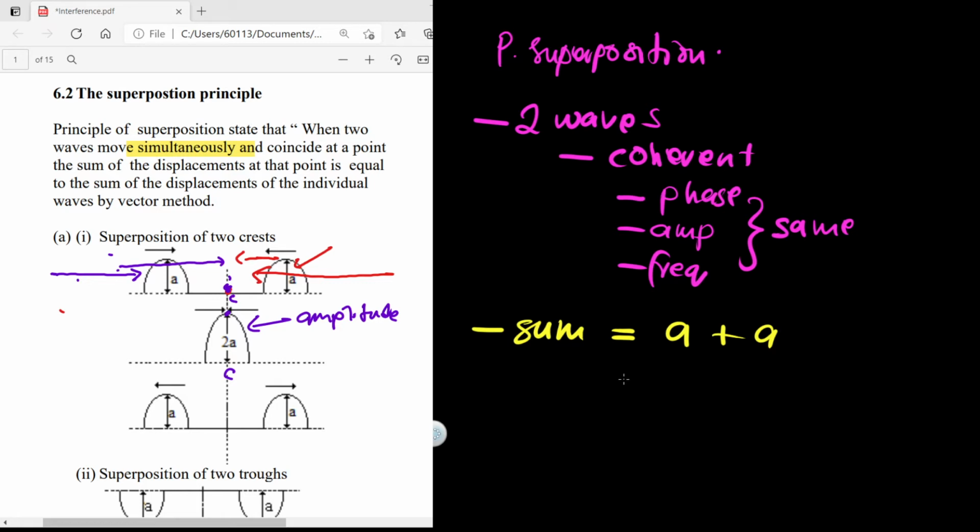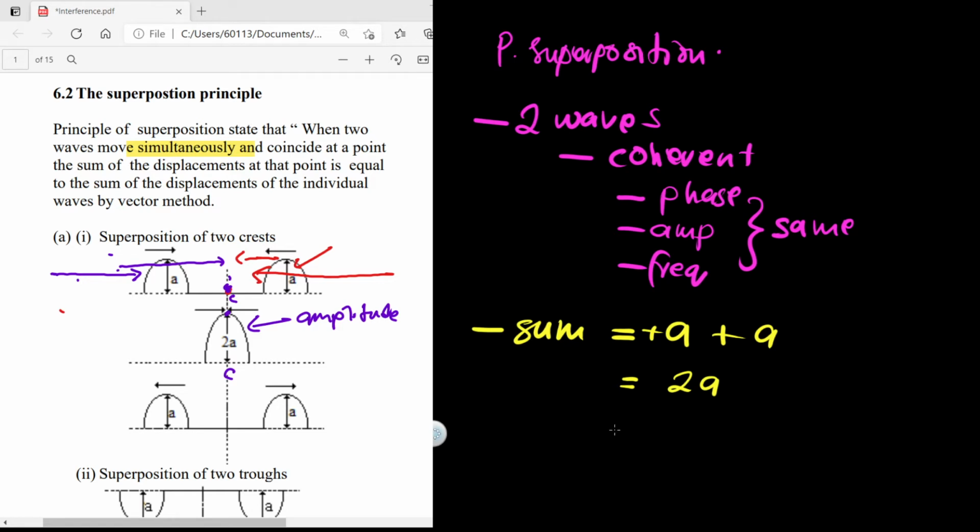So A plus A gives 2A. The displacement produced equals the sum, we add A plus A by using the vector method. Vector method means we need to consider the direction. If it is in the same direction, it is positive A plus positive A.